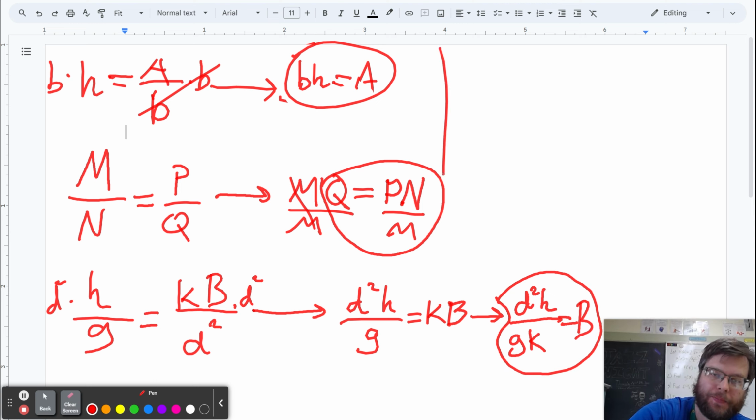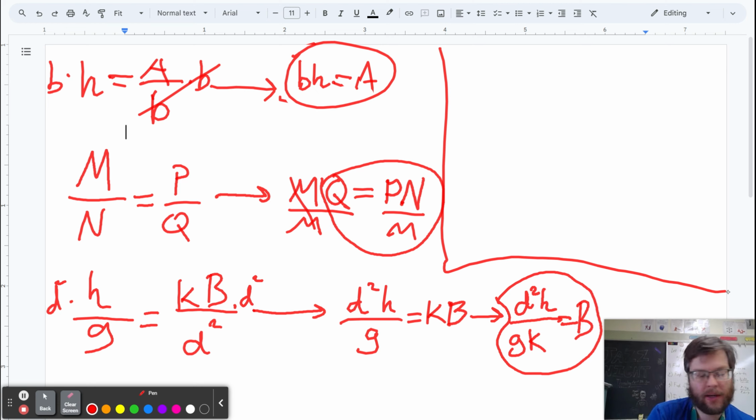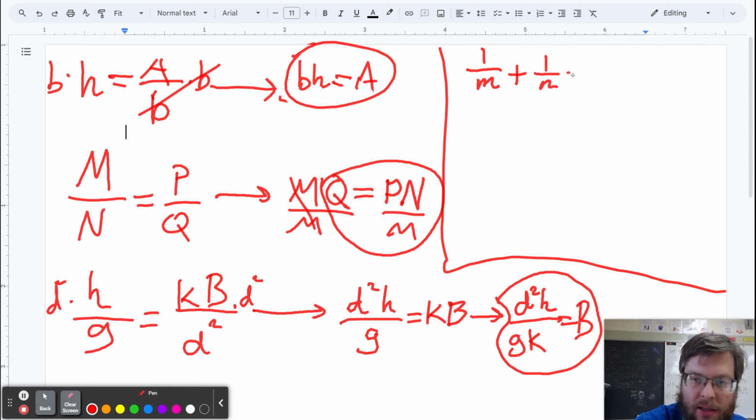All right. And the other two that were asked about had two separate fractions with adding and subtracting involved. And so in those problems, you're going to want to have a common denominator. So if we look at a problem like this, 1 over m plus 1 over n equals 1 over t, we want to solve it for t by itself.